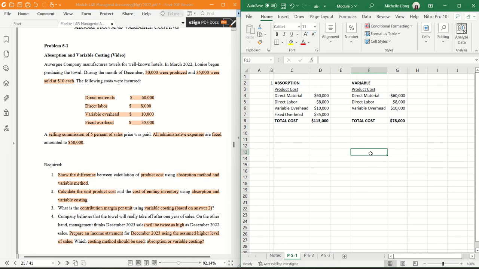Okay. The second one is, so number one is done. Number two, calculate the unit product cost and the cost of ending inventory using absorption and also variable costing. So for number two, we have the units produced, which is 50,000, and it's still the same for this one.